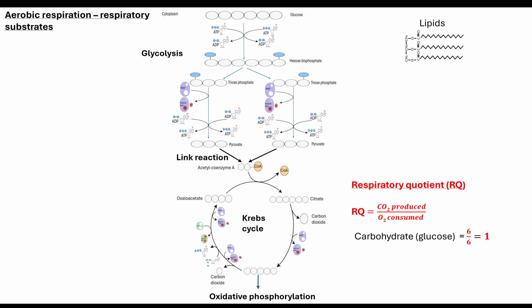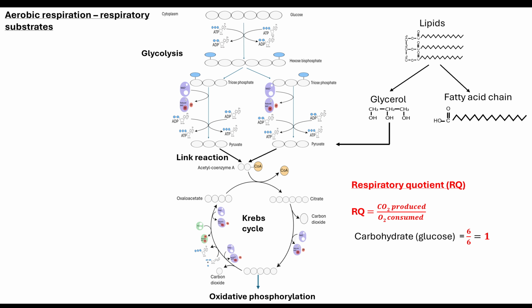That comes in the form of our lipids. Our lipid molecules, we know, can be hydrolyzed down into glycerol molecules and fatty acid chains. It's important that we note a glycerol molecule is a 3-carbon molecule, and therefore it can be converted into pyruvate.